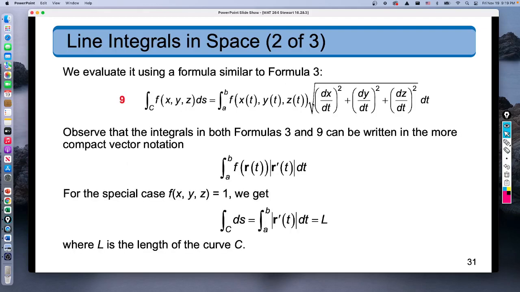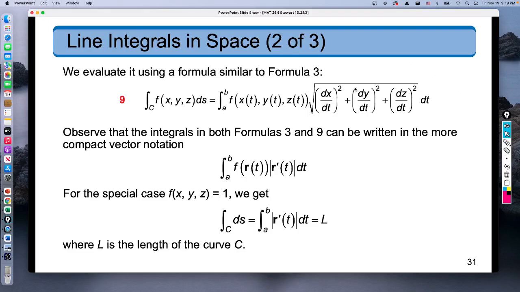So what we end up with when we're in space is kind of what we did in 2 dimensions, but now we've got the third. We've got x, y, and z. We've got this square root, and remember, this gives us the length of the curve, and then we multiply that by the function, and that's what gives us our area.